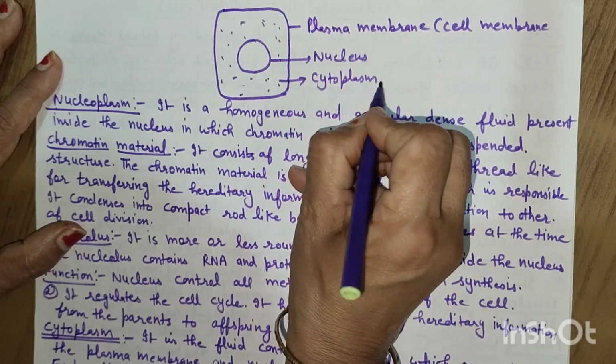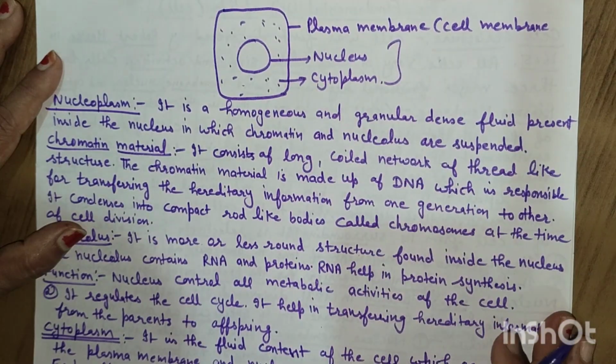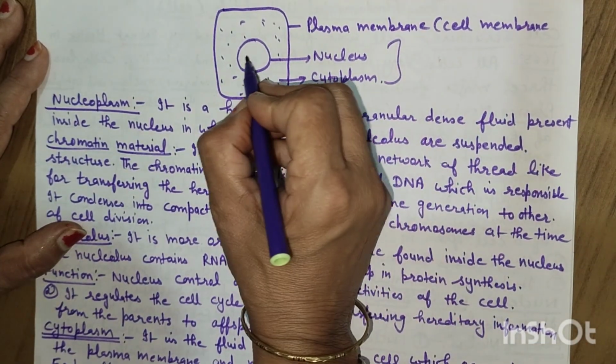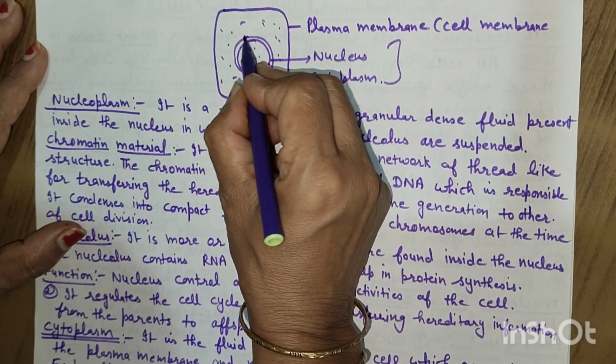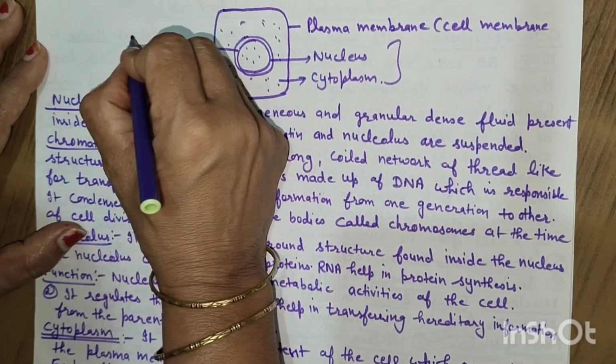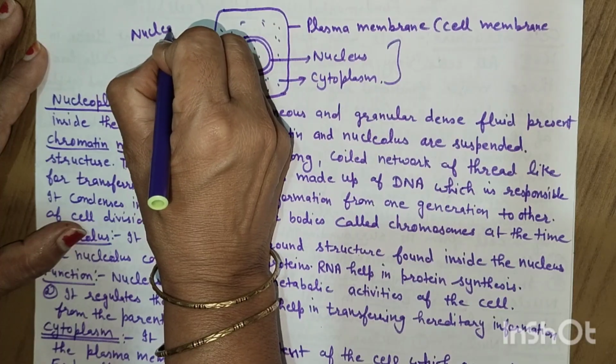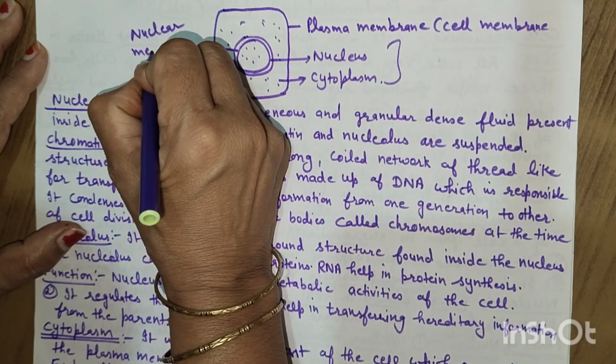Each and every cell consists of these three parts. Now this nucleus is covered with a membrane that is called the nuclear membrane.